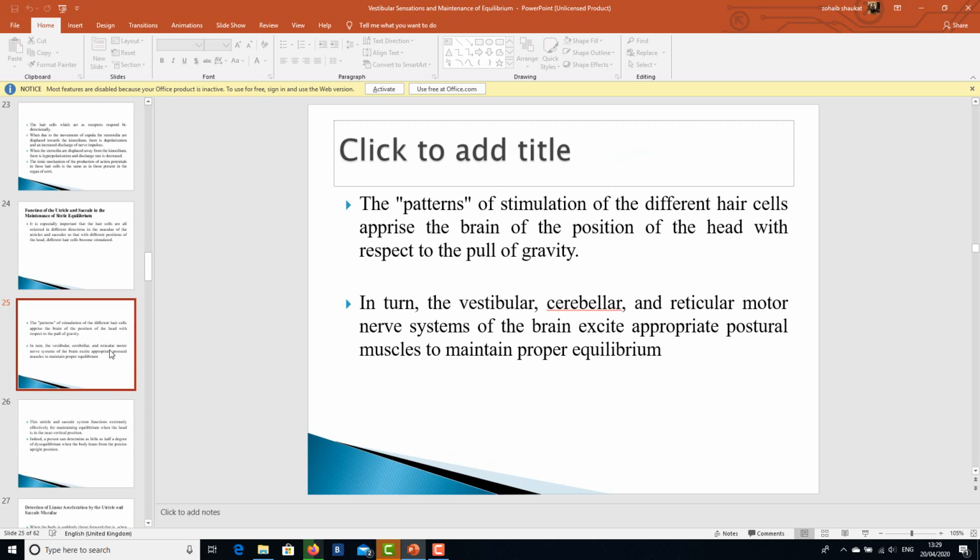The patterns of stimulation of different hair cells apprise the brain of the position of the head with respect to the pull of gravity. In turn, the vestibular, cerebellar, and reticular motor nerve systems of the brain excite appropriate postural muscles to maintain the proper equilibrium.